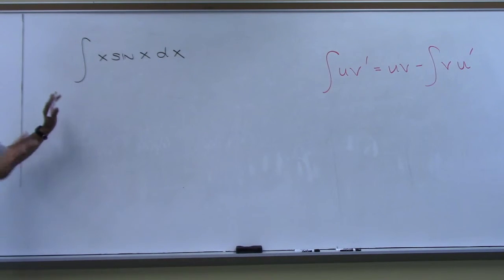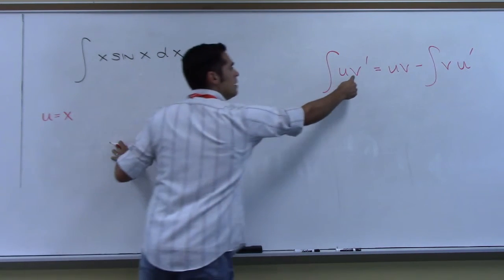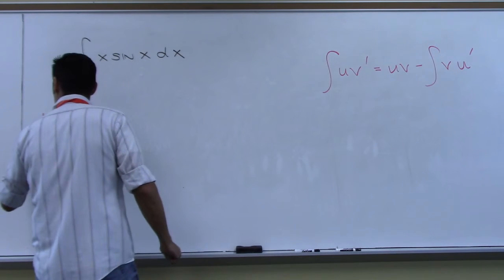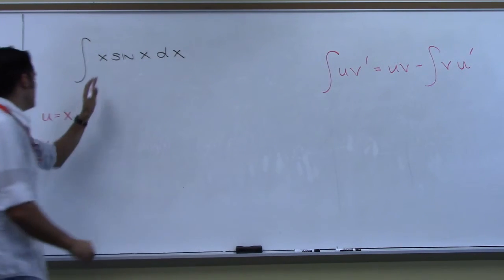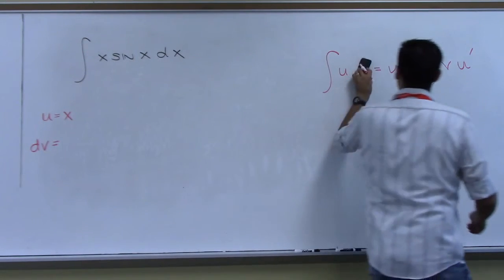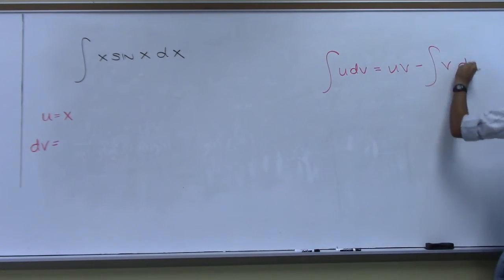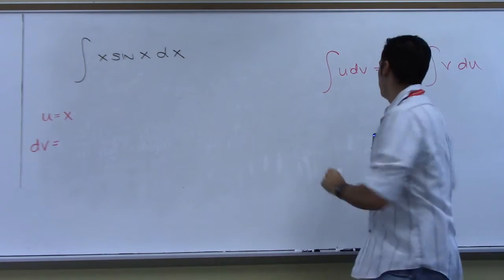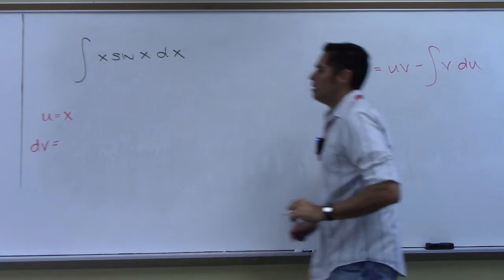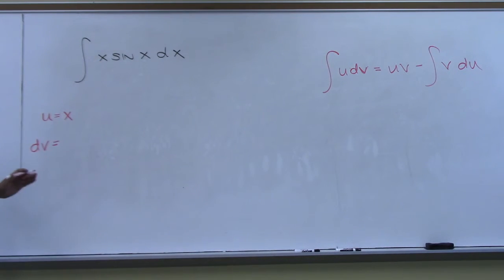So I'm going to make a list of possibilities. I could let u be my x. In that case, what would my v prime be? And what would my dv have to be if I choose my u to be x? I think I like this formula written a little different. Hold on, let me do it this way. u dv, okay? That's a v. If you come in here and you say that's going to be my u, what's the dv?